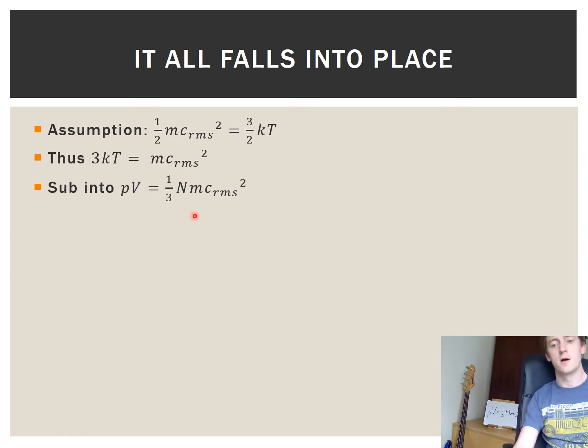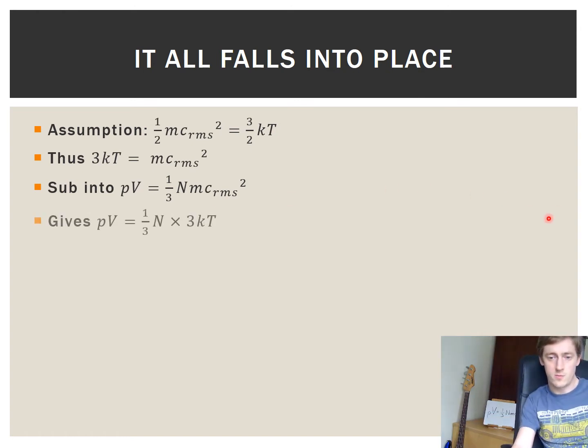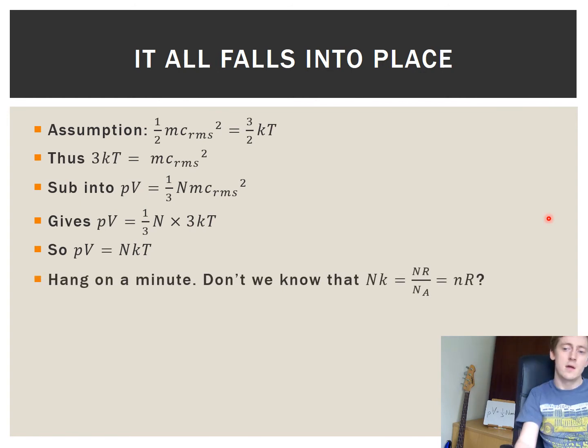Lovely. If we sub that in, we end up with PV is a third n times 3kT. If we rearrange that, we've got a third in there, we've got a 3 in there, we end up, you'll notice, with PV equals nkT, which is a slightly rearranged version of an equation you're very familiar with.